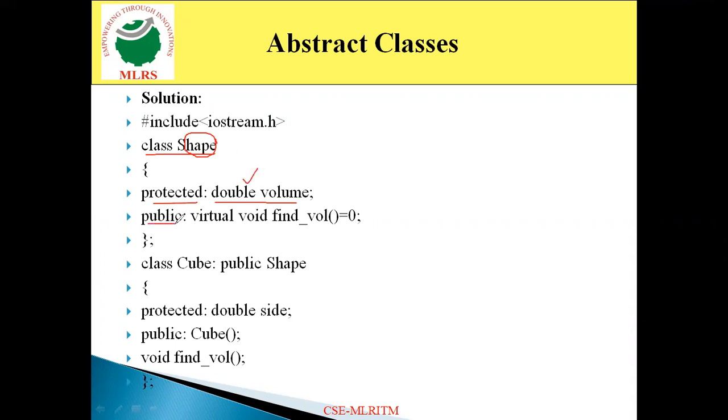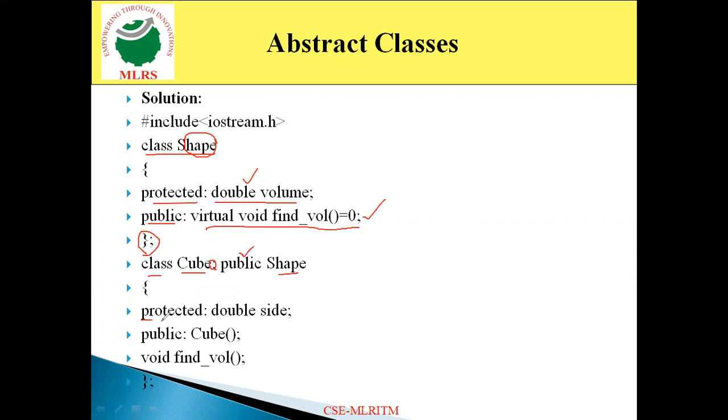In the public section I specify a pure virtual function: virtual void find_val() = 0, which is a pure virtual function. Then close the class, then derive a new class cube from shape, under public mode.